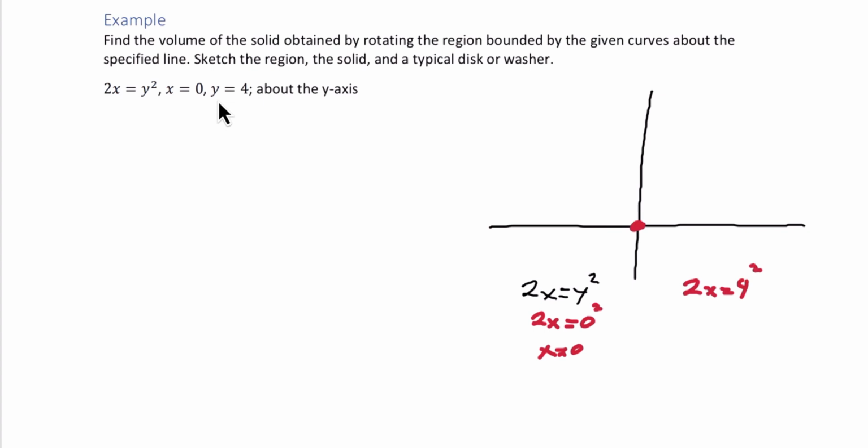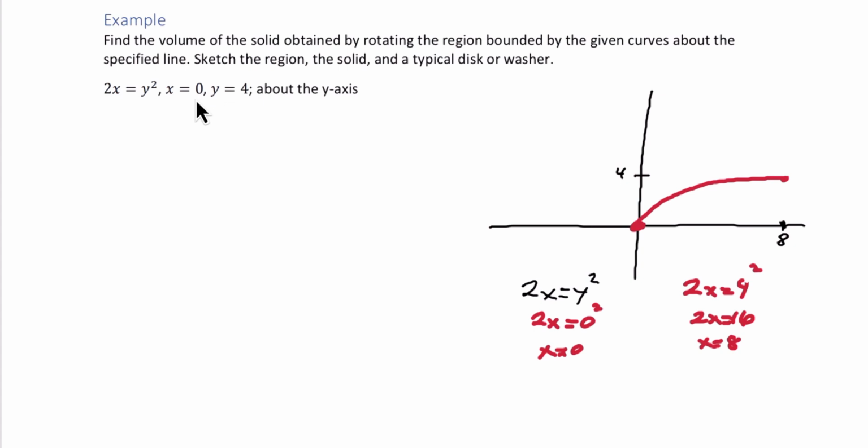We get 2x equals 16, or x equals 8. So over here at 8, we get a y value of 4. And from there we can sketch our curve.